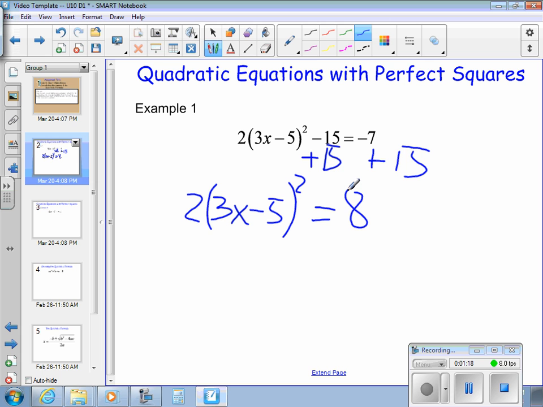Now to get this perfect square by itself, I'm going to divide both sides by this 2 here.